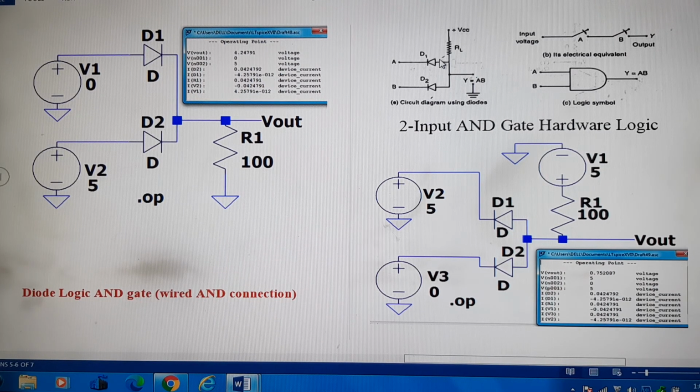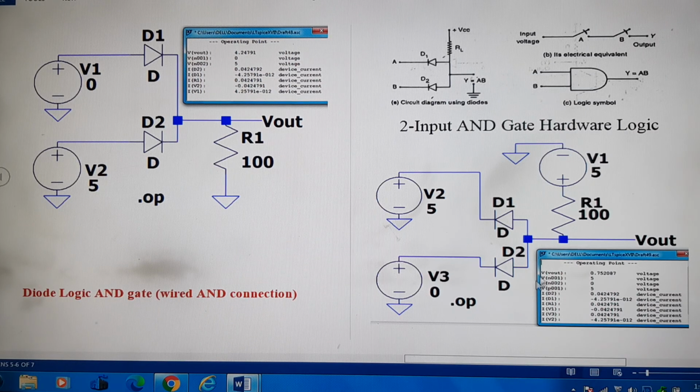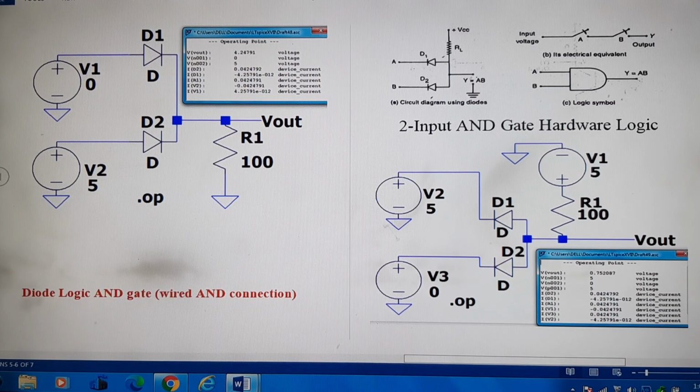So it should be equal to 0.7 if we are taking the practical diode model, and 0.7 volt is interpreted as logic 0. So if one of the inputs is logic 0, the output is logic 0, as we can see in this diagram. If one of the inputs is 0, the output comes out to be 0.7 volt. That's why we can say that it is equivalent to logic 0, and this is how we can realize the truth table of basic gates.